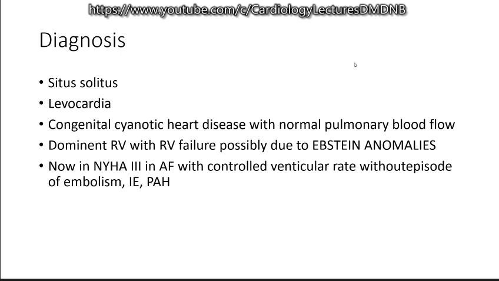Okay. Now, usually the most important leaflet which gets displaced is the septal leaflet. That is the one which always gets displaced. And it may be an actual displacement, or as Monica has rightly pointed out, it could be a tethering of the septal leaflet to the wall of the interventricular septum.